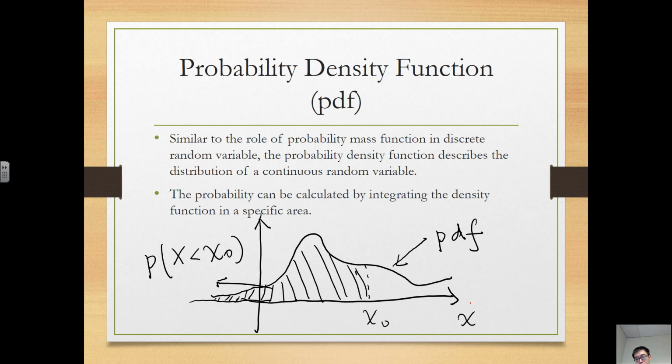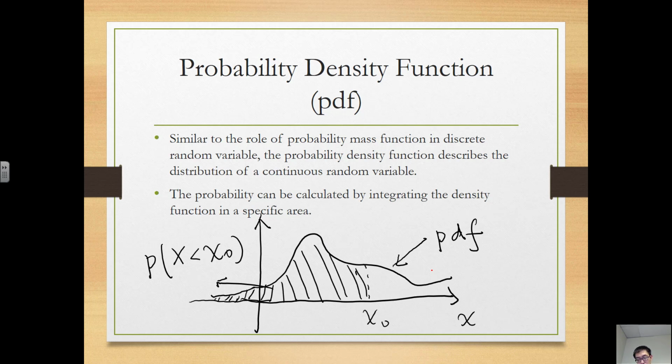So how do we calculate probabilities using a probability density function? It's easy. You just integrate. Suppose this red line is the PDF of one random variable.